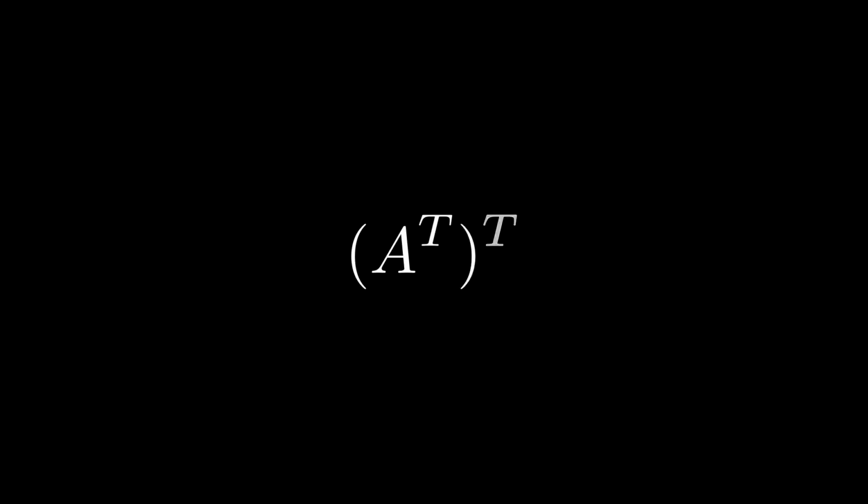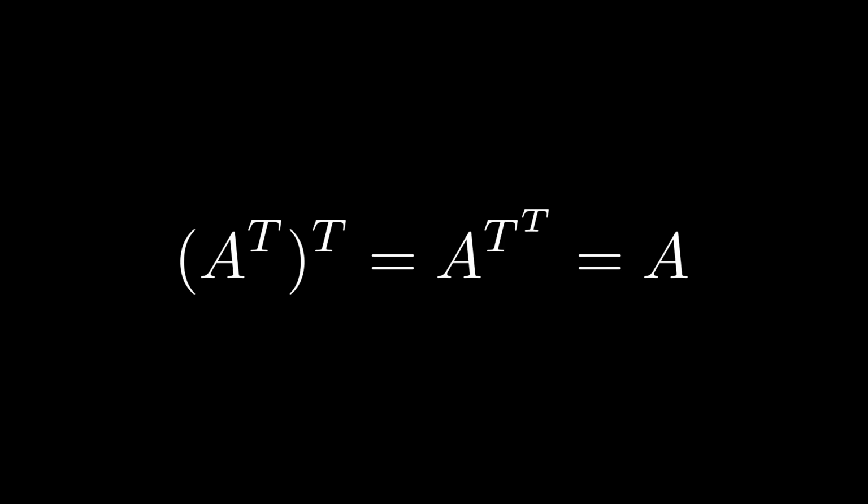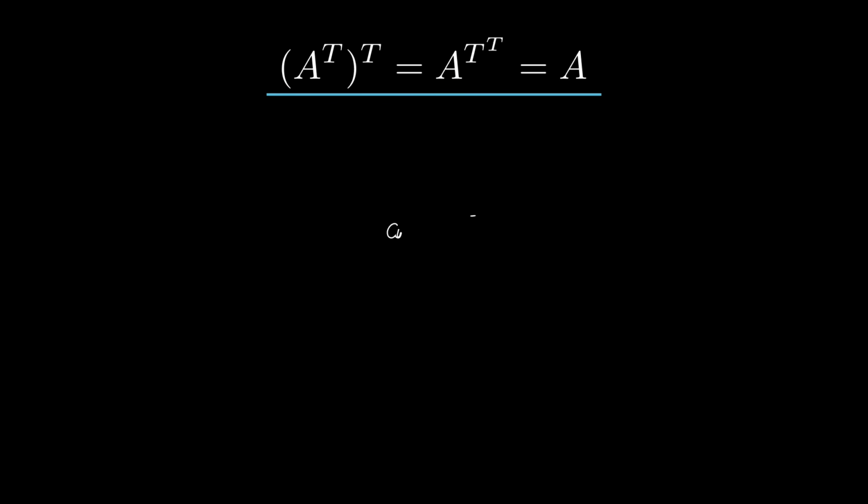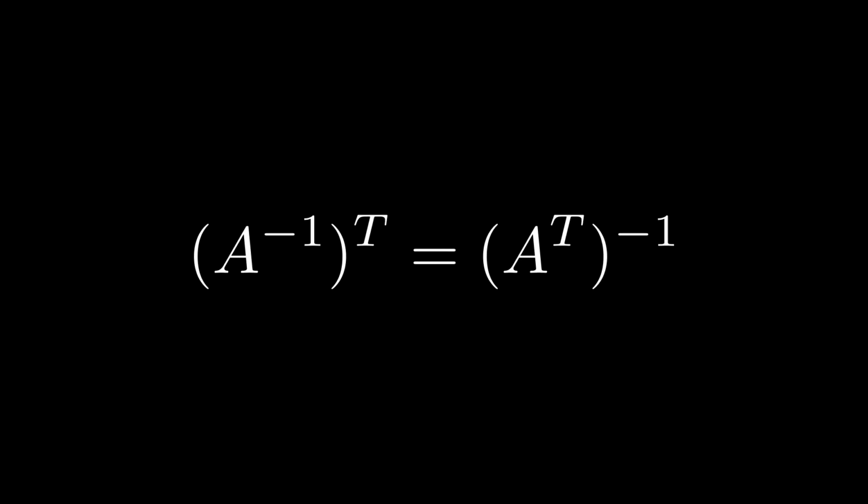If you take the transpose twice, so the transpose of the transpose, then this gets you back to where you started. That makes good sense because you're just doing the mirror flipping twice. If you take the transpose of the inverse of a matrix, you'll get the same result as if you swap the operation order, taking the inverse of the transpose of the matrix.